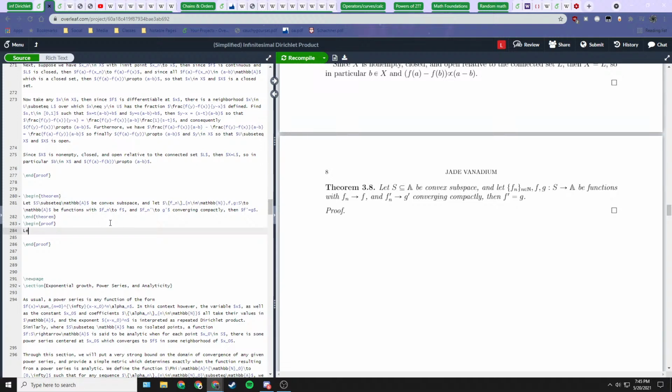So let y sub n be a sequence indexed by naturals in the domain S, and actually, let x be in S, and y sub n be a sequence with y sub n going to x.